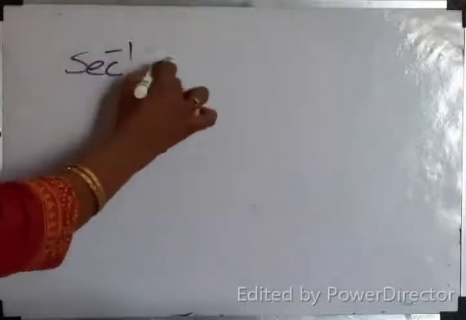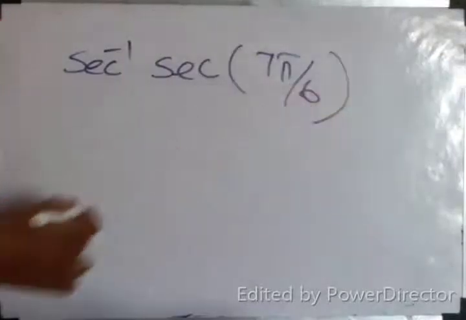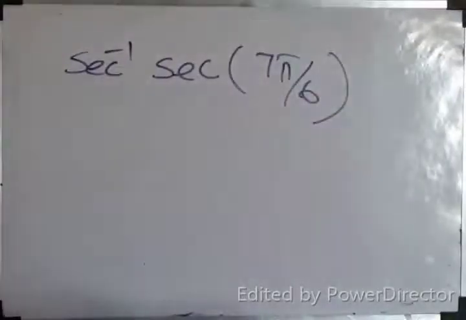Similarly, we'll do one more, then I can move on to the next property. Suppose secant inverse secant 7 pi by 6. Again, what is 7 pi by 6? 7 pi by 6 is 210 degrees.